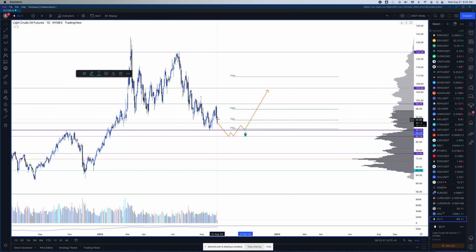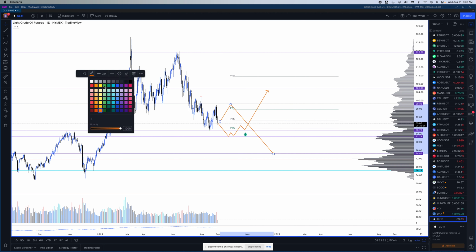The other option would be for it to move up and reject here and head back down this way. And then again, I think the trigger for that one would be in a different spot, obviously.